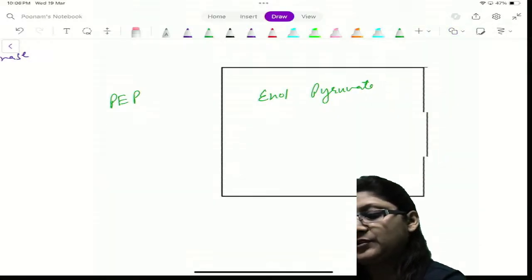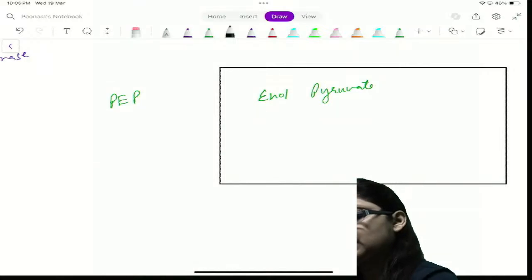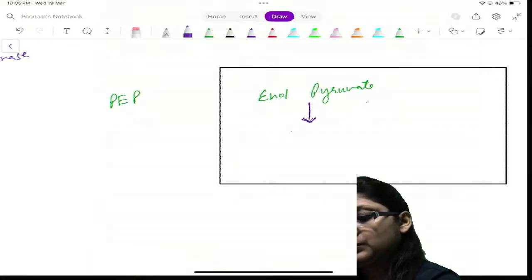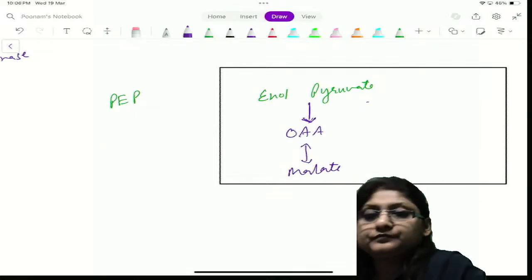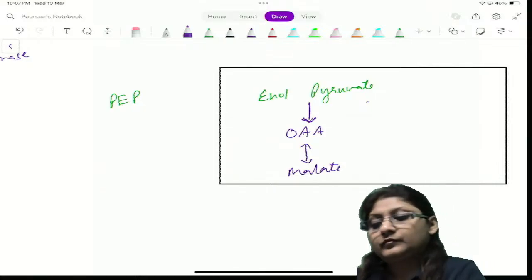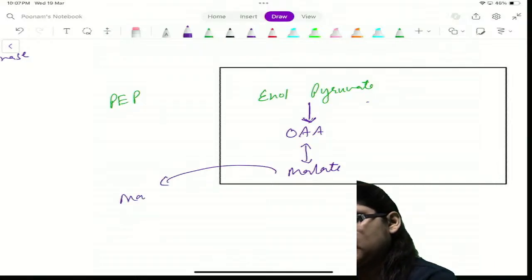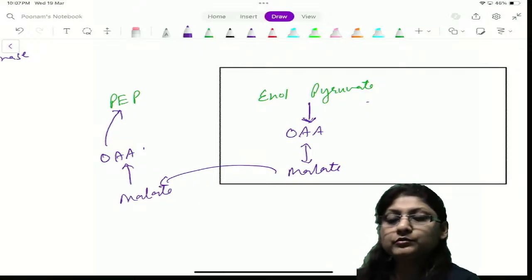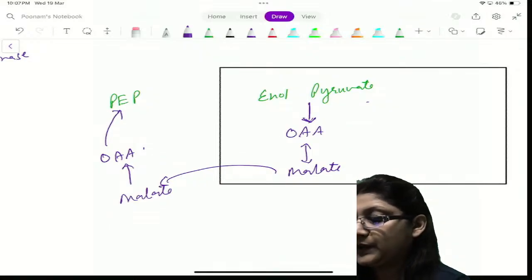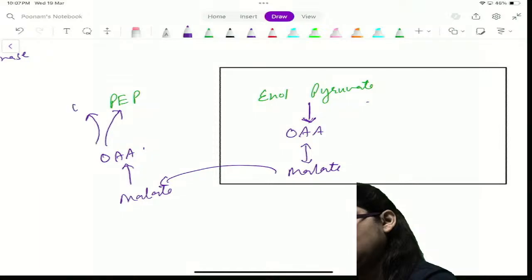This enol form of pyruvate is there in the mitochondria, and this is going to get converted to oxaloacetate, which will be converted to malate. This malate will come out in the cytosol, will be converted to oxaloacetate, which next will be converted to phosphoenol pyruvate by decarboxylation.